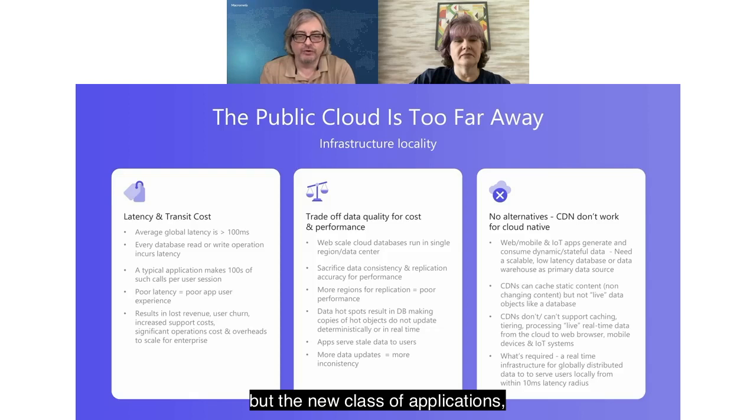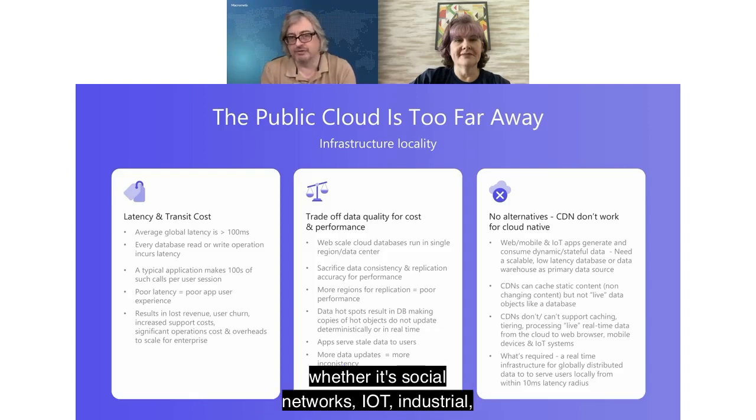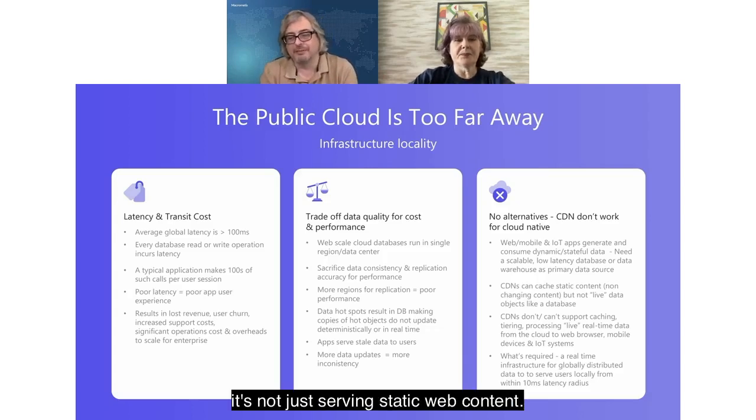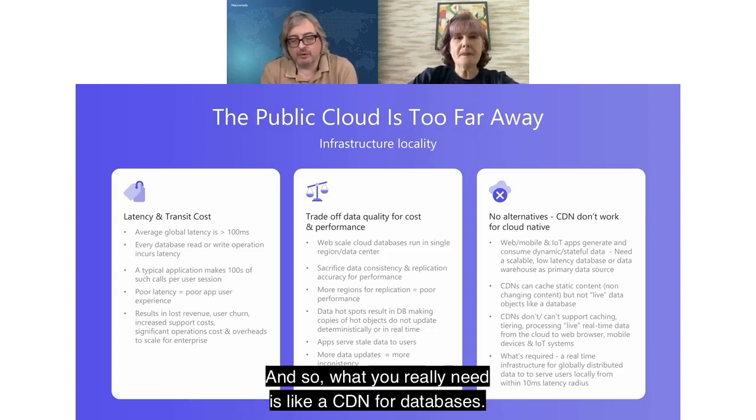But the new class of applications, whether it's social networks, IoT, industrial, predictive maintenance, any of that sort of thing, those are dynamic. And so it's not just serving static web content. And so, what you really need is like a CDN for databases.